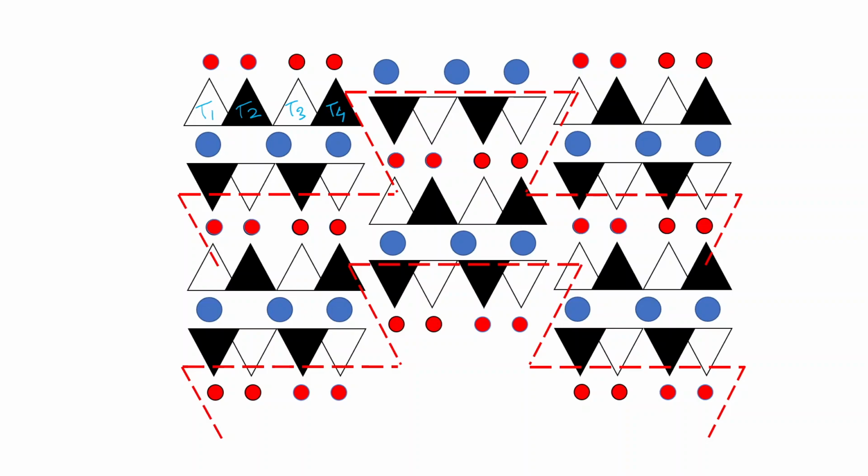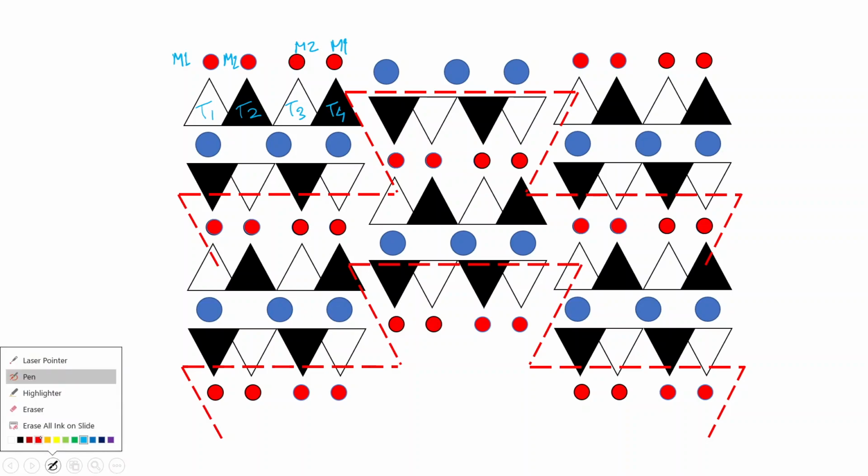So if we look at this diagram here, we can see that these M cations are linked at the apex. So this will be M1, M2, M2, and M1. But if we look at the fixation of an OH minus ion, then we can have one more, and that will be here.